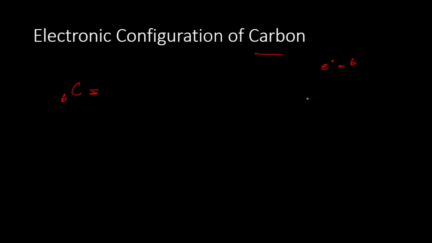Because the atom as a whole is neutral. Neutral means the number of protons and the number of electrons are the same. Okay. So its electronic configuration is 1s2. After the filling of the first shell, you will go to the second shell, where the first subshell is s, that is fully filled, and in the p subshell 2 electrons will go.